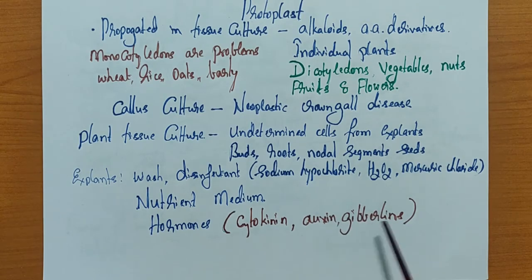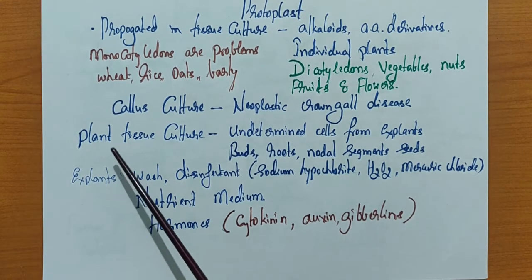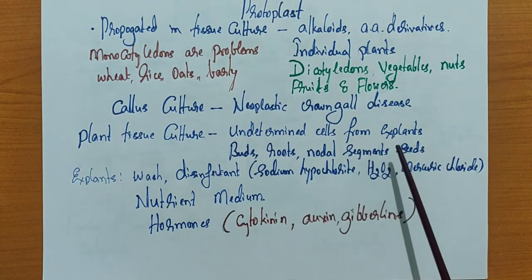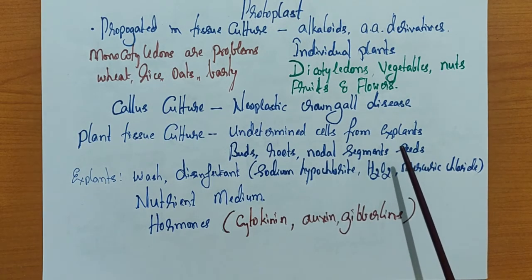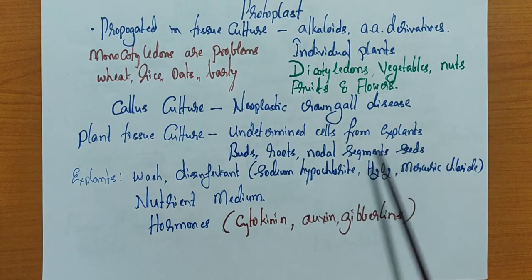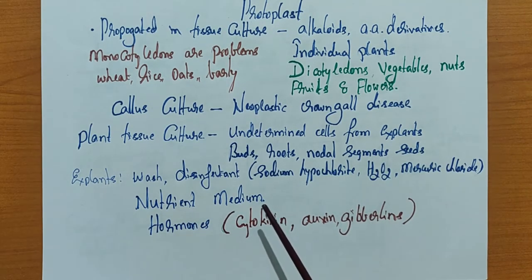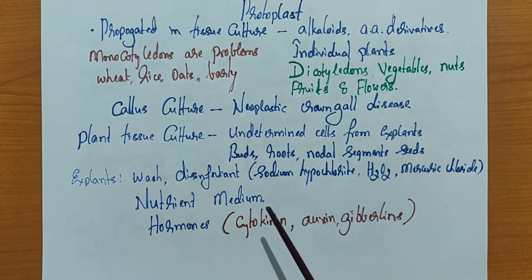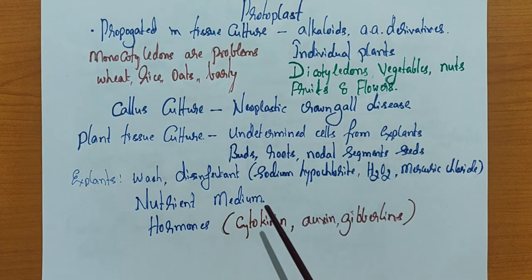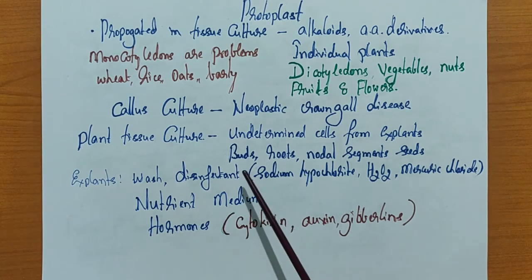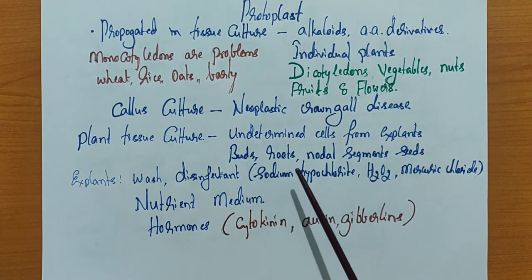auxin and gibberellin. Now what happens is that this explant, an undifferentiated, actively dividing cell, starts multiplying and becomes a mass of cells. It doesn't look like a plantlet at all. It doesn't look like a bud or a root.